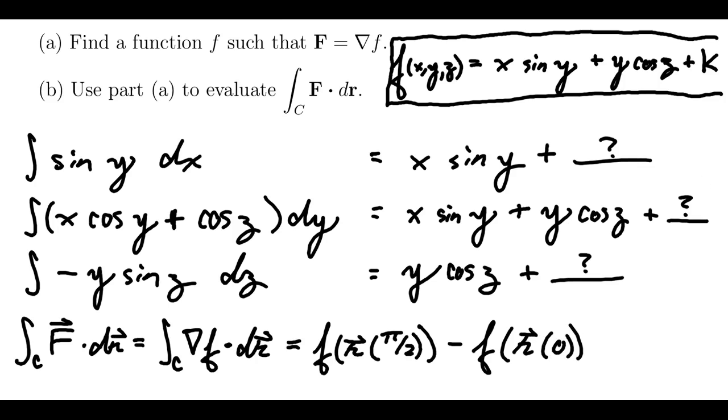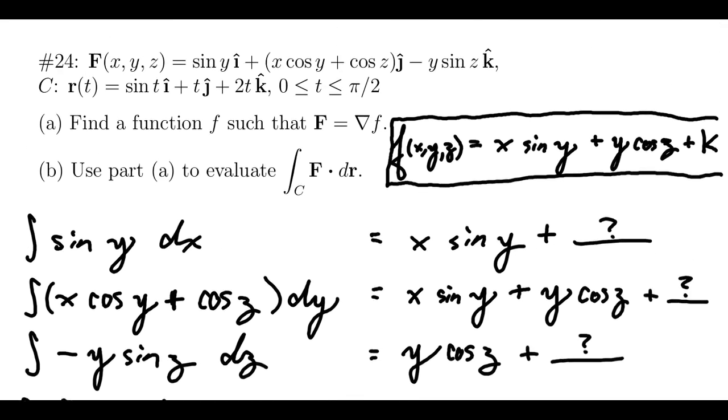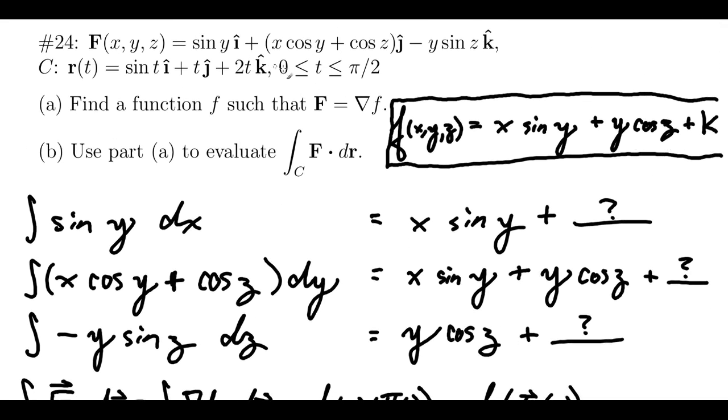This is our B, and this is like our A. So we just need to find the ending point. When t is pi over 2, plugging that in, sine of pi over 2 is 1.